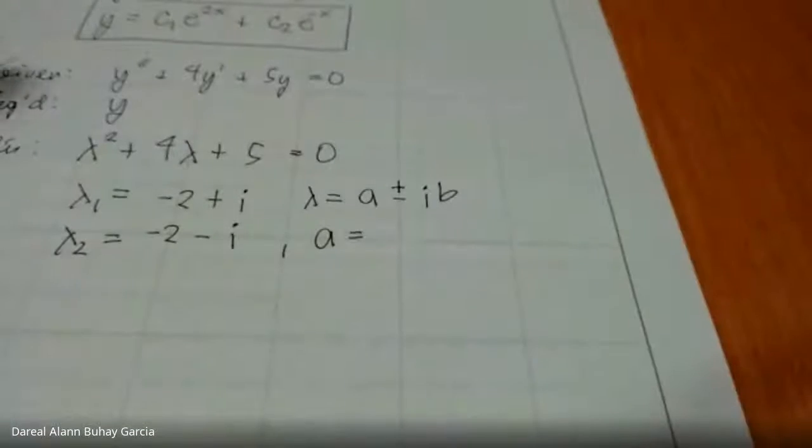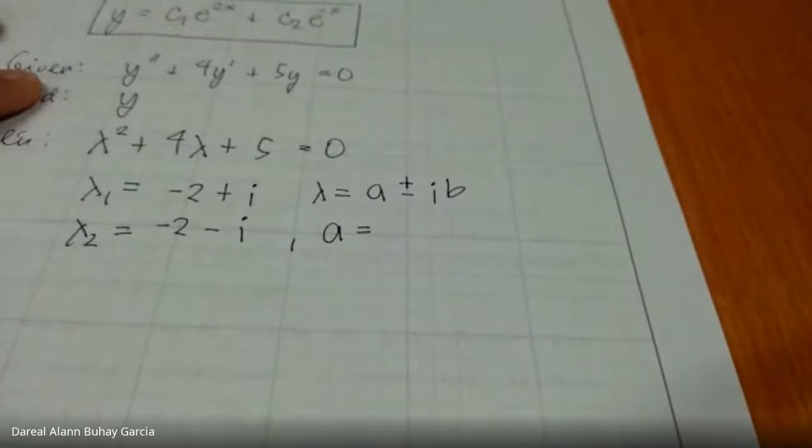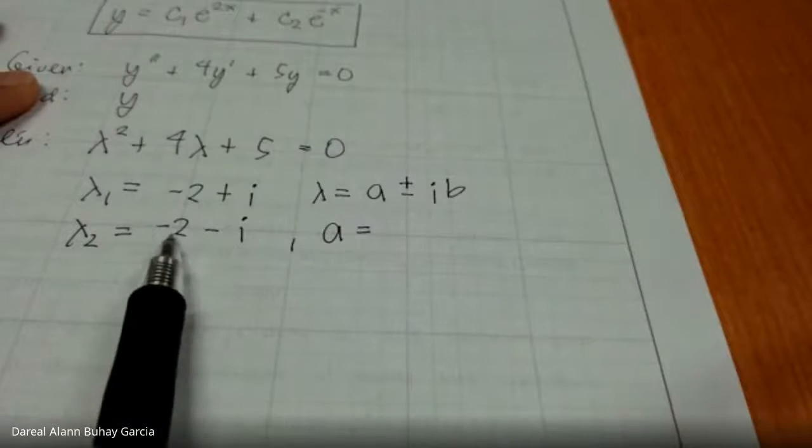So what is a? Negative 2. And b is 1. Okay, very good.